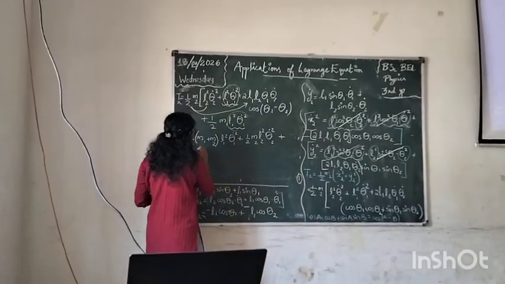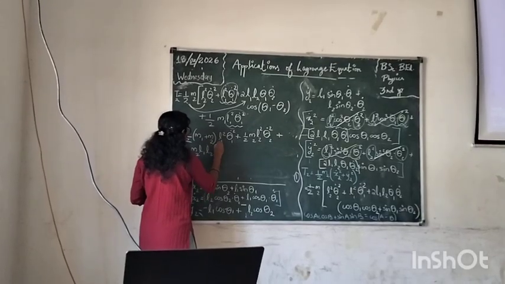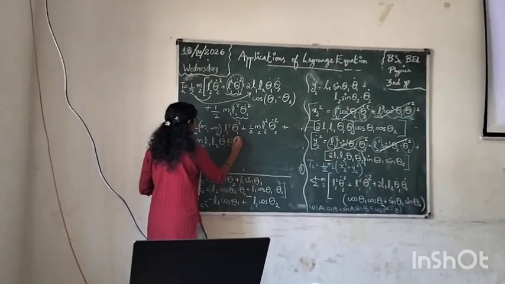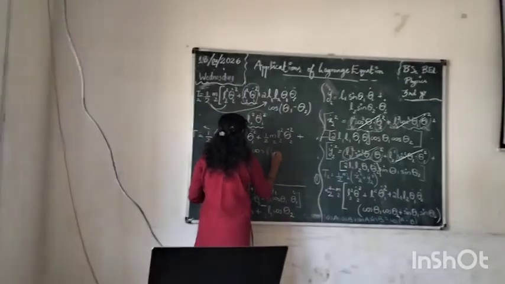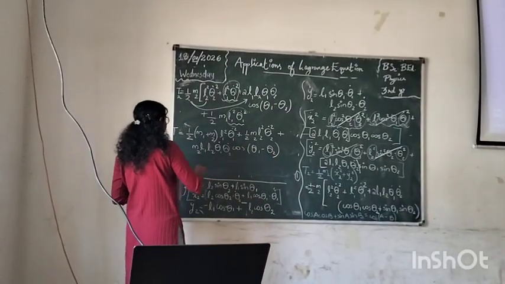So we will have m2 L1 L2 theta 1 dot theta 2 dot cos(theta 1 minus theta 2). So this is our kinetic energy.